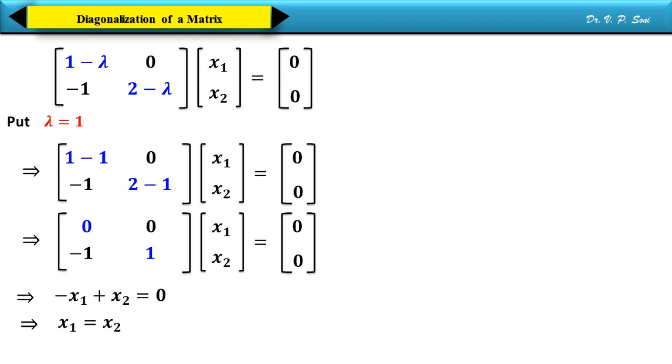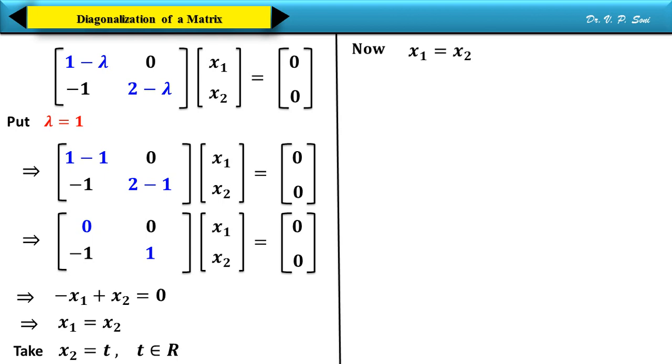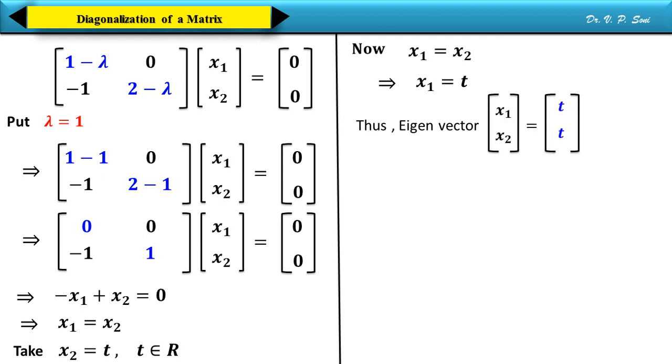Here there is only one equation and there are two variables, so take the last variable x2 = t, where t belongs to R. Now x1 = x2, therefore x1 = t. Thus the eigenvector [x1, x2] = [t, t]. Take t as a common factor, then we get t times the vector (1, 1).